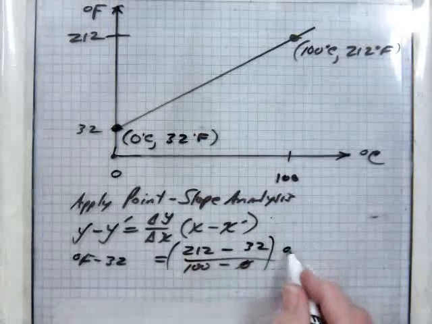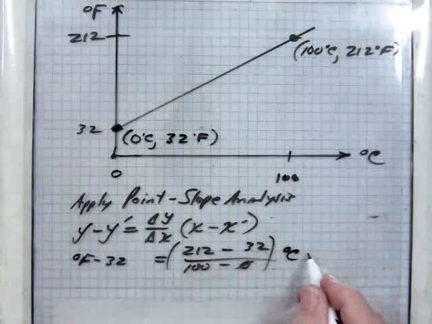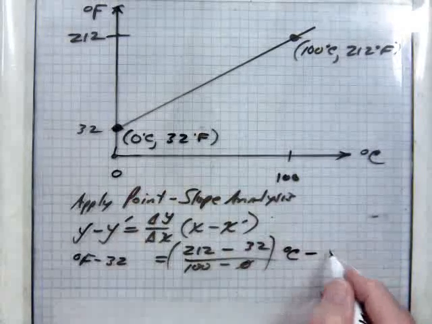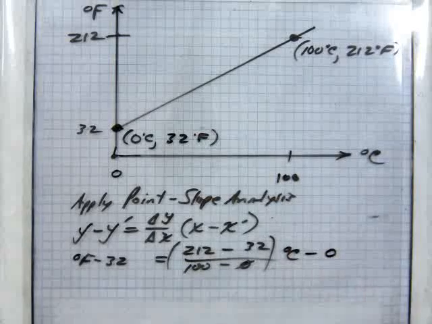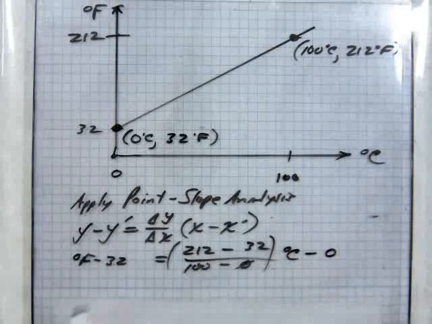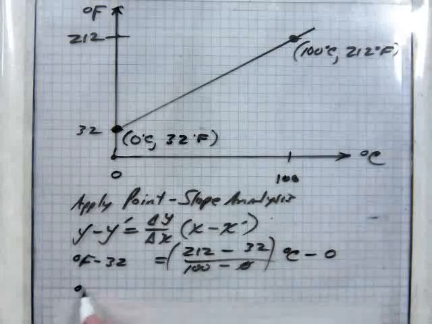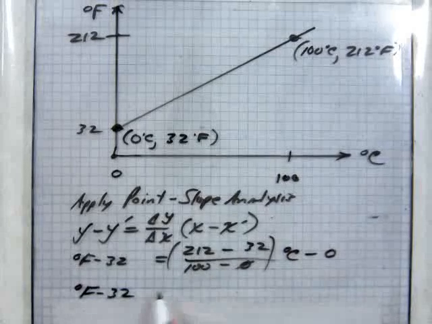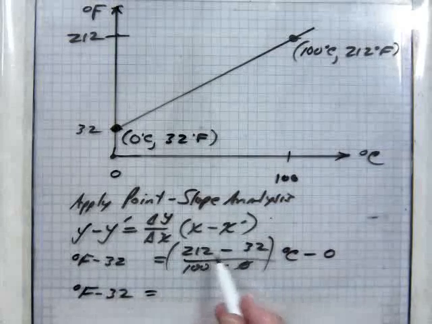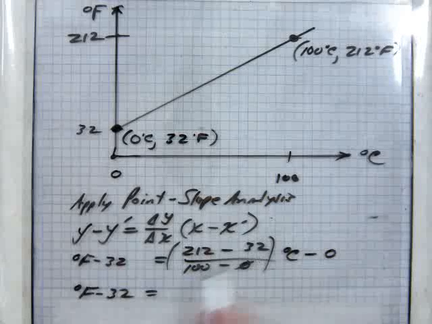And then you have degrees C minus 0 on the end of that. So when you simplify this, you have degrees Fahrenheit minus 32 equals 212 minus 32, I think it's 180.